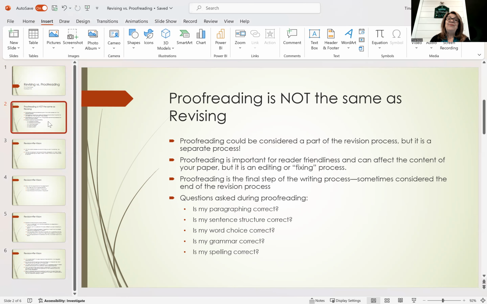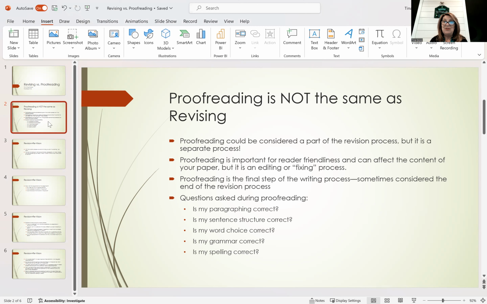Okay, so as I said, proofreading is not the same as revising. While proofreading is an important aspect of the writing process, it is the last thing we do in the writing process. Okay, it's a separate part. Some people think of it as a part of the revision process.